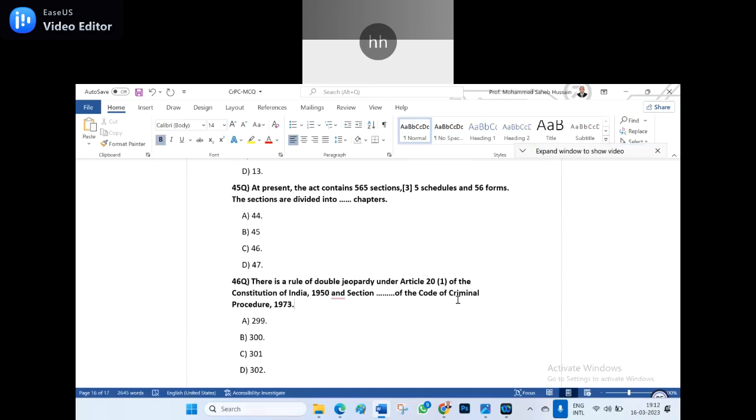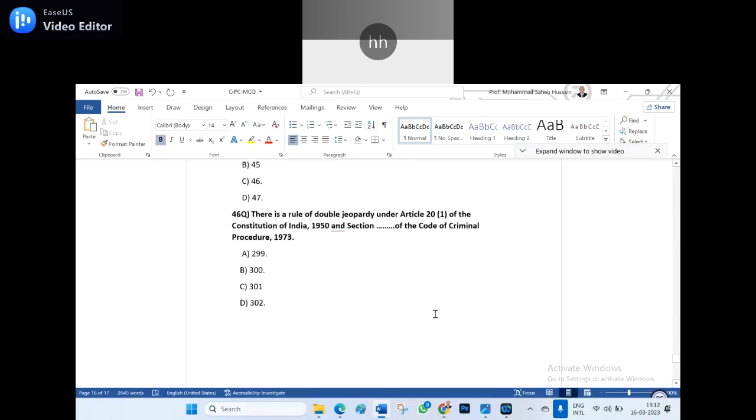What is meant by double jeopardy? No man shall be punished twice for the same offense. There is a classical case law I dealt with several times when I was teaching the IPC: Maqbool Hussain versus State of Bombay.